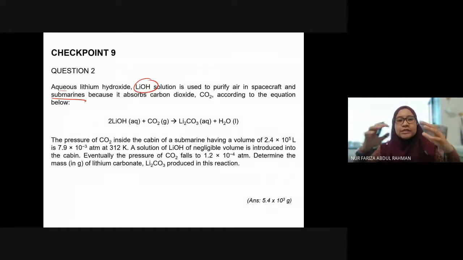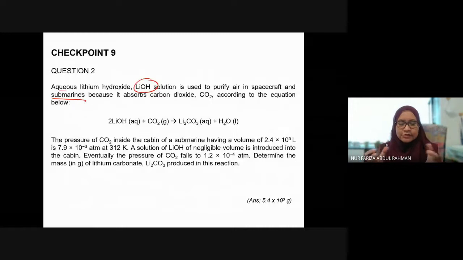So they are confined in a space, meaning the space is limited. In a submarine, everything will be confined in a vessel. When you are confined, you breathe, you produce carbon dioxide, and there are many people inside.